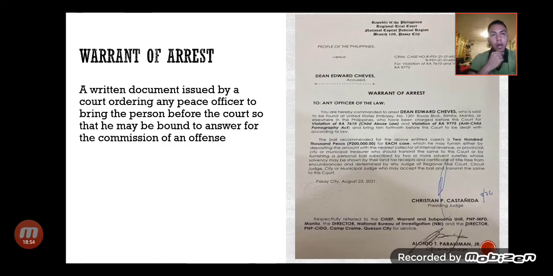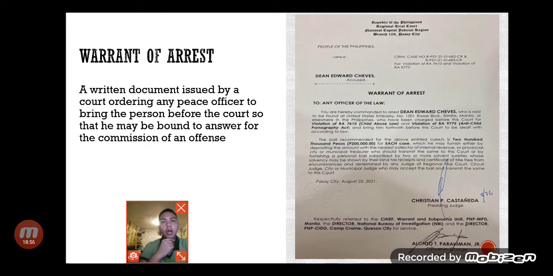The next one is warrant of arrest. A written document issued by a court ordering any peace officer to bring the person before the court so that he may be bound to answer for the commission of an offense. So warrants of arrest are issued by the court and given to an arresting officer to look or to search for the person who is charged with a crime.